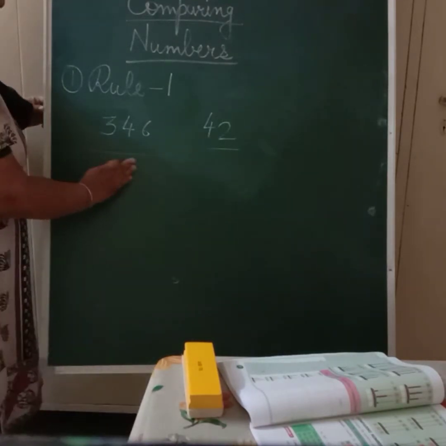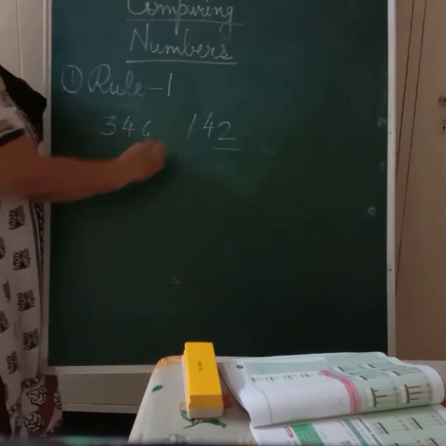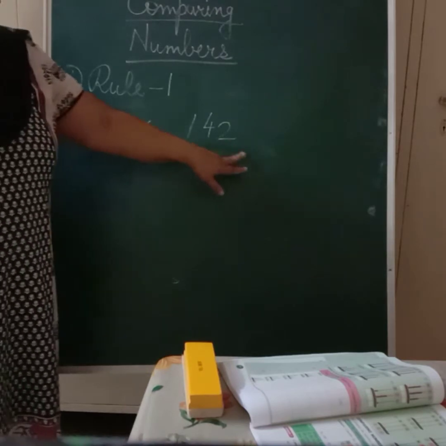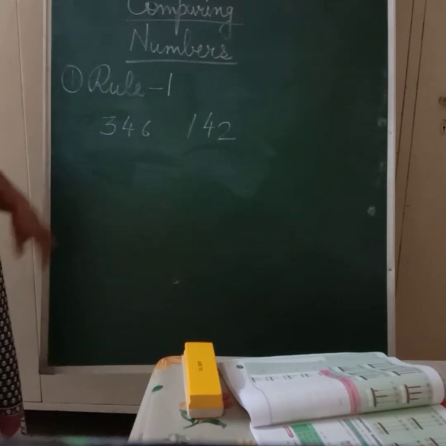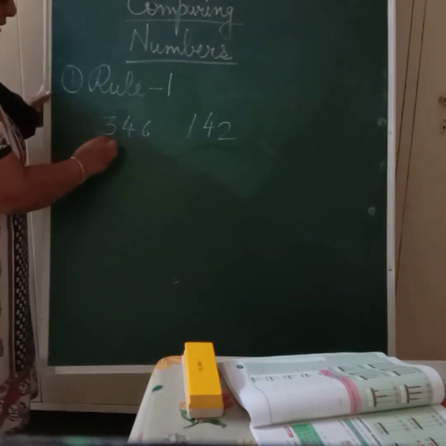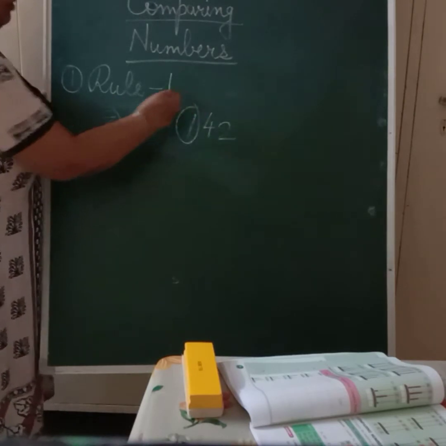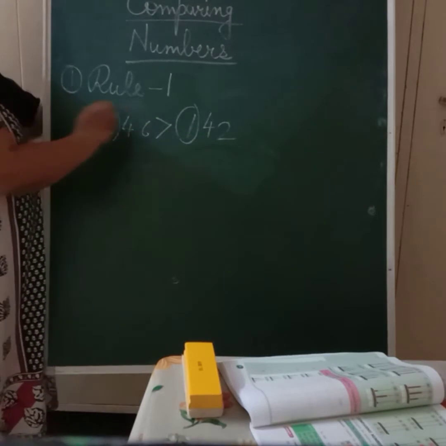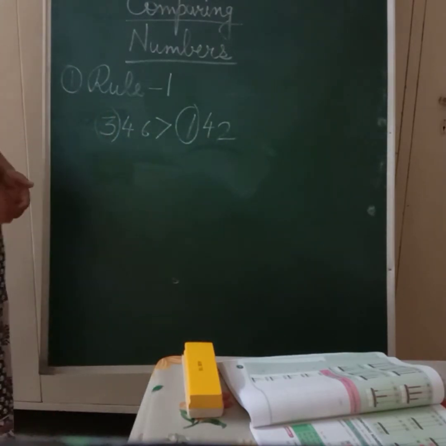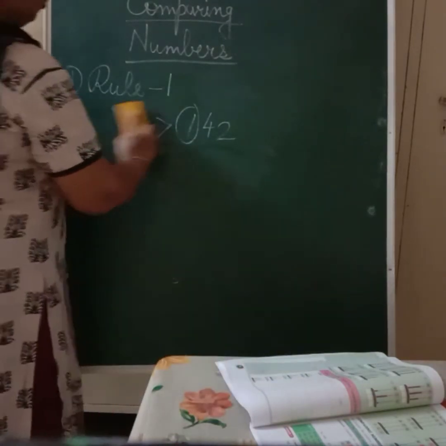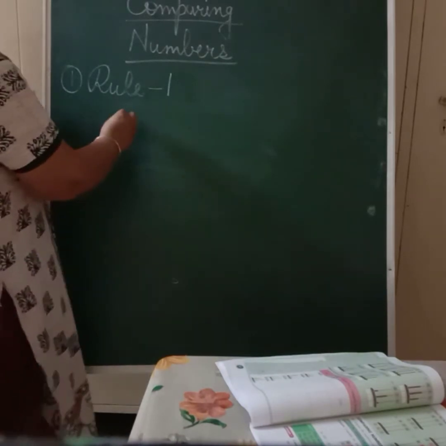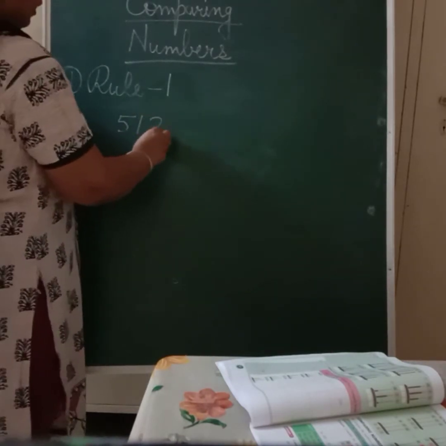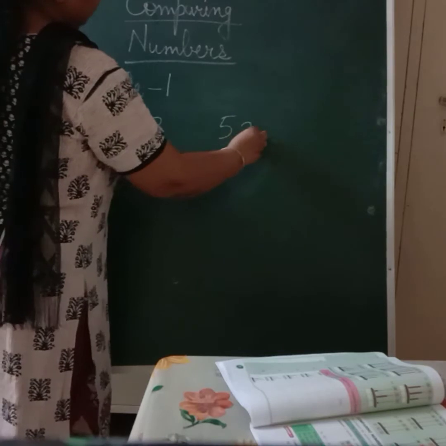But when I give a number with 100s, both are of 3 digits. Then what will you do? You have to see the hundreds first. Whose hundreds is greater? 3. So this number is greater than this number. Suppose I give you 513 and 526.